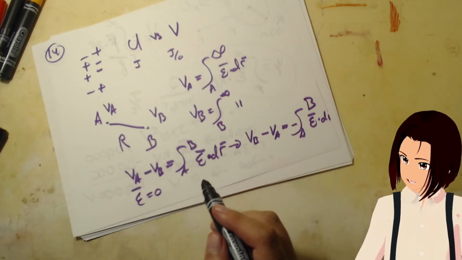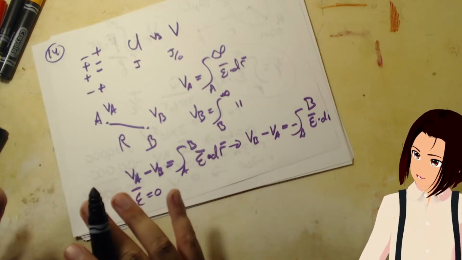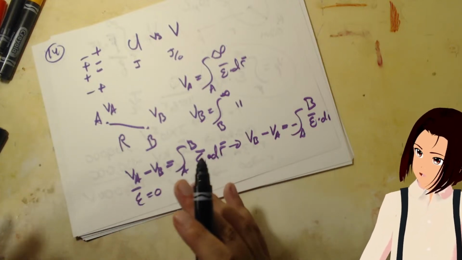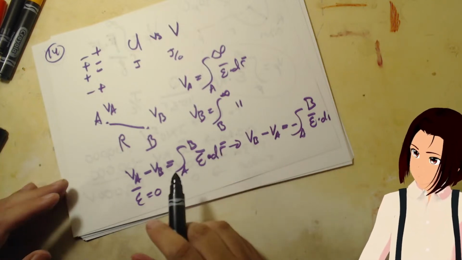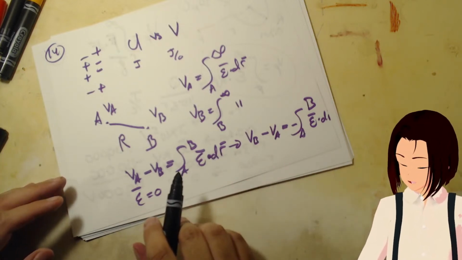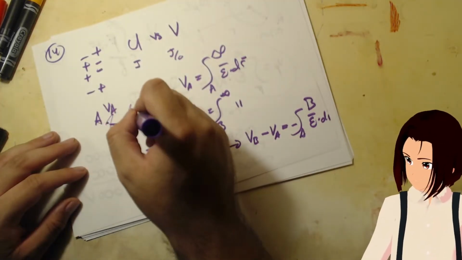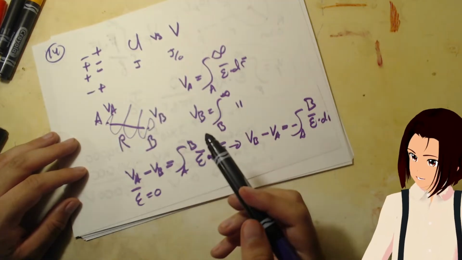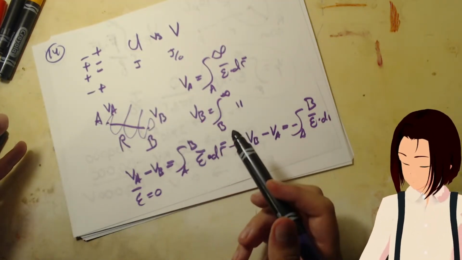You can think of it like this: if there's no electric field influencing you as you move, there's no work done. And if you take a different path and go to the same point, it is still the same.